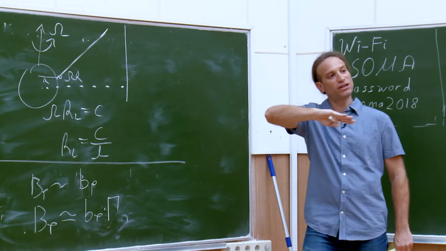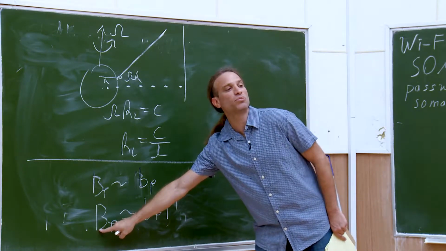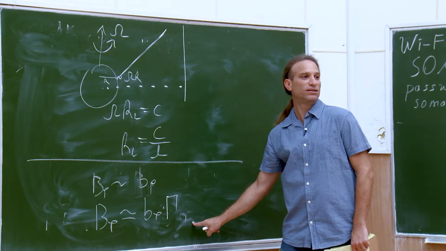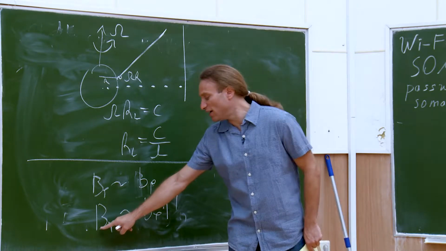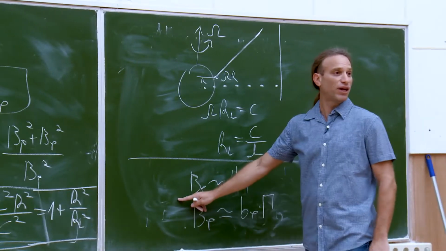Because the magnetic field is perpendicular to the motion. So if I want to transform to the lab frame, it's B phi times gamma that I want. Okay? So this means that B phi will become increasingly larger than BP in the lab frame.